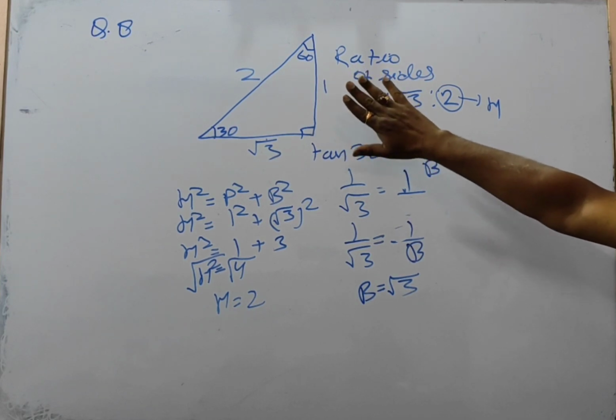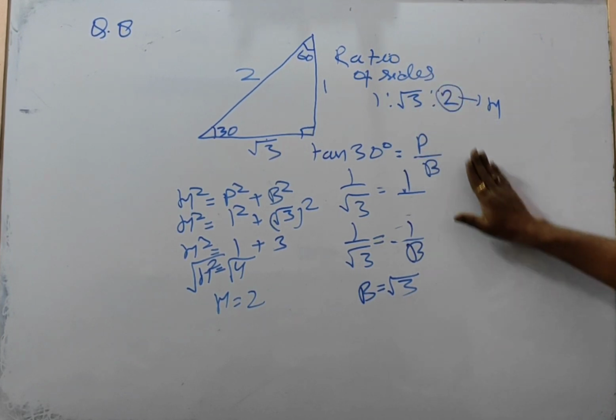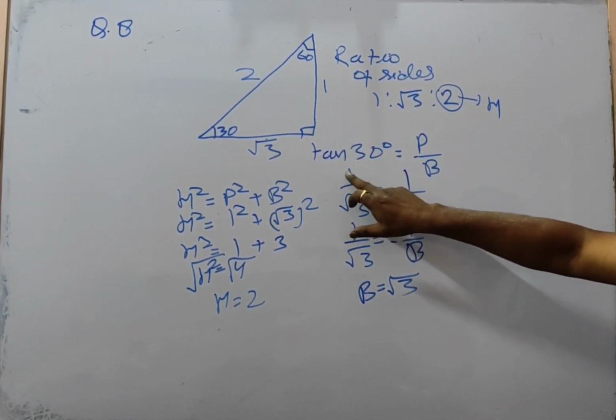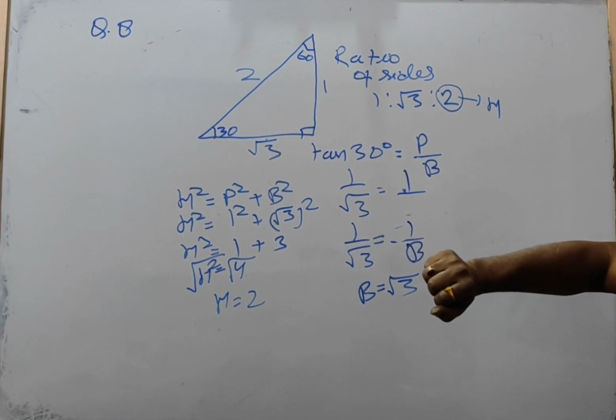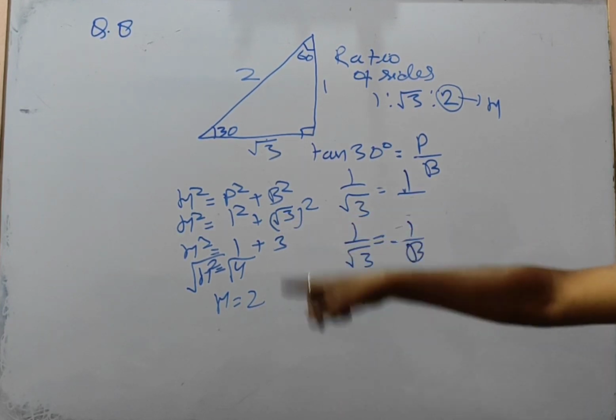I have taken perpendicular P as 1. After that I got base as root 3 by putting the value of tan 30. When I put the value of tan 30, I get the value of hypotenuse, that is 2.